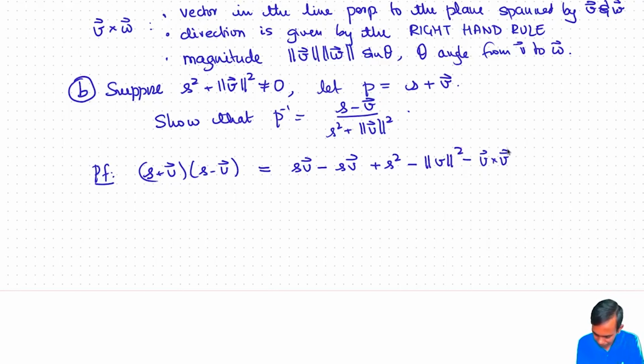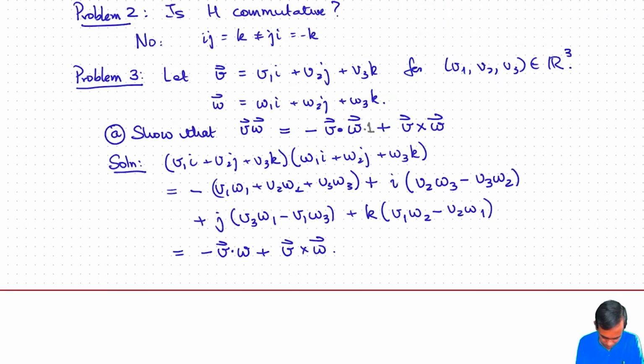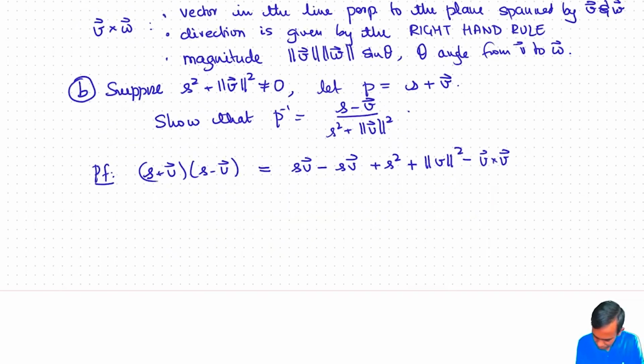Sorry, it's plus V squared because over here we had a minus sign, there's a minus sign over here. So these terms cancel out, and V cross V is going to be 0 because the angle from V to itself is 0.